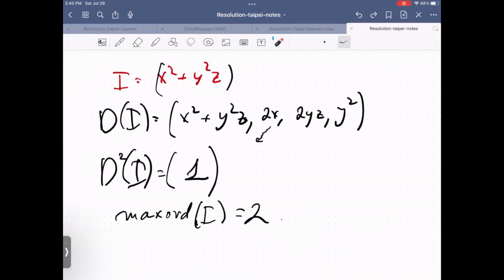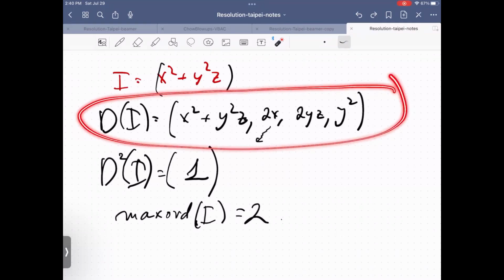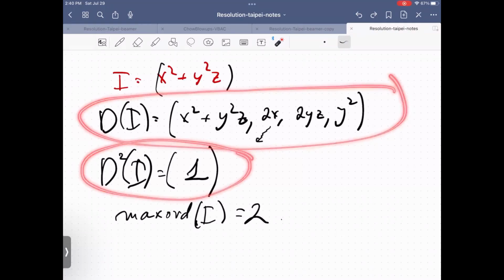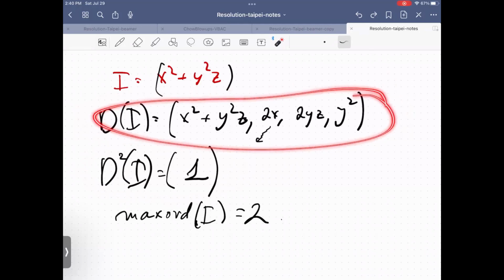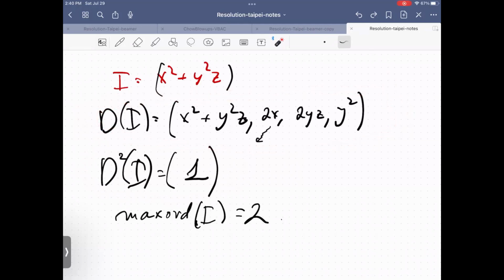Let's do this example. Remember, the maximal order of this ideal is 2. A maximal contact element is an element here whose first derivative is a unit. Can you give me an element in this ideal whose first derivative is a unit? Of course, X has first derivative a unit.